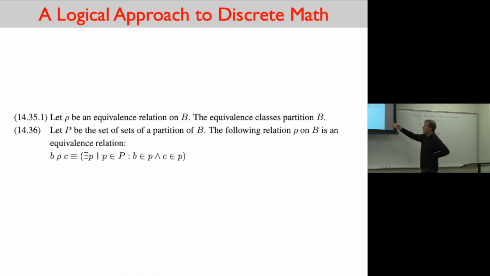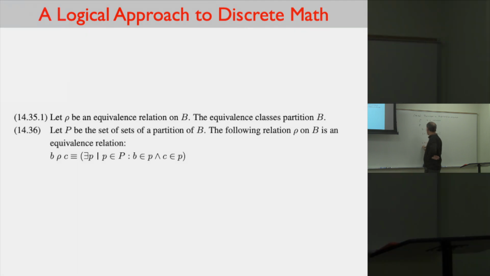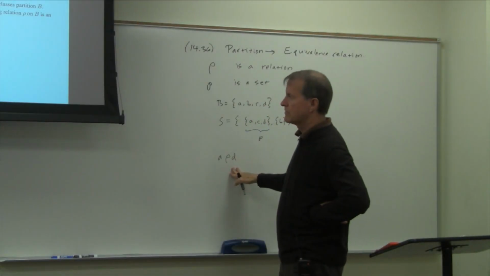So what does it mean? What is this B rho C? What about A rho D, with this example? Is A rho D true or false? True. Why is that?